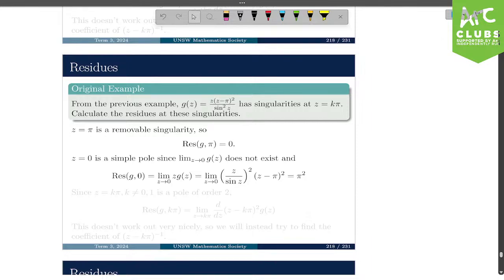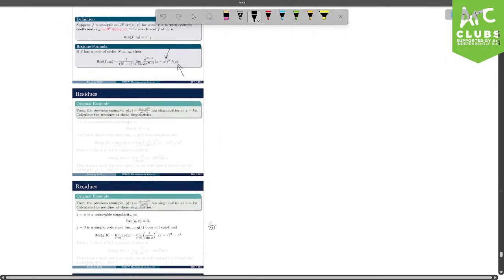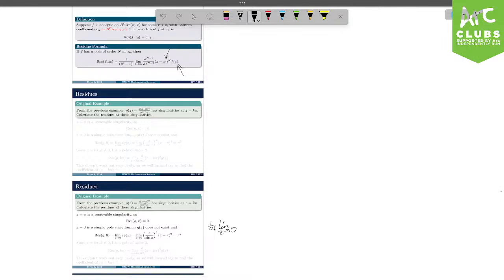And so, simple pole, n is 1, so we go 1 over 0 factorial times the limit as z goes to 0. We multiply by z, so we end up with z over sine z.